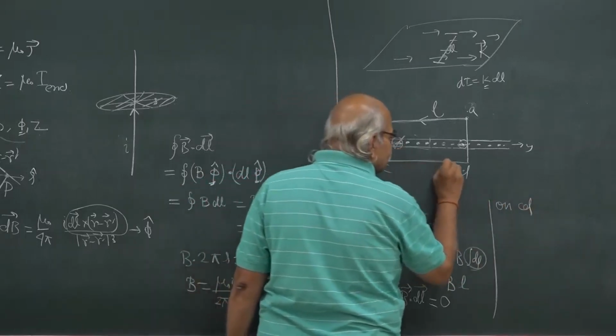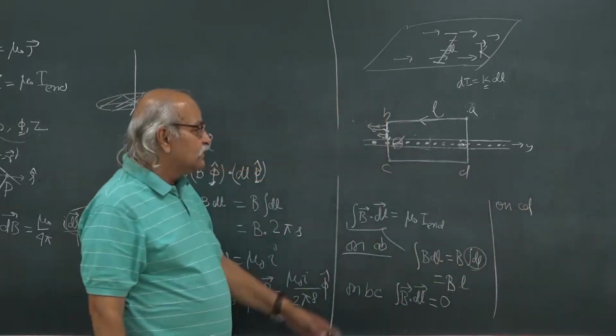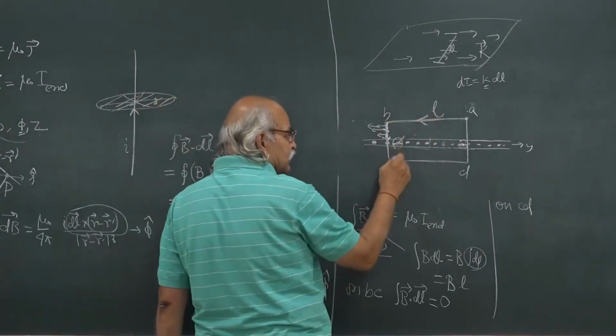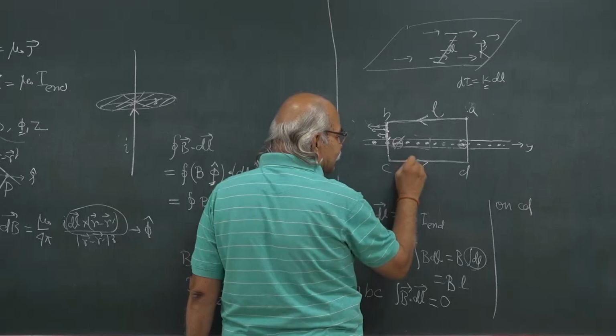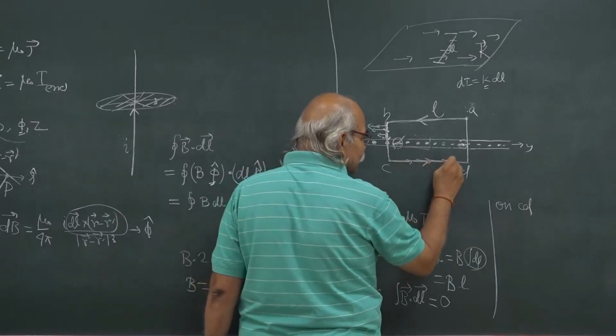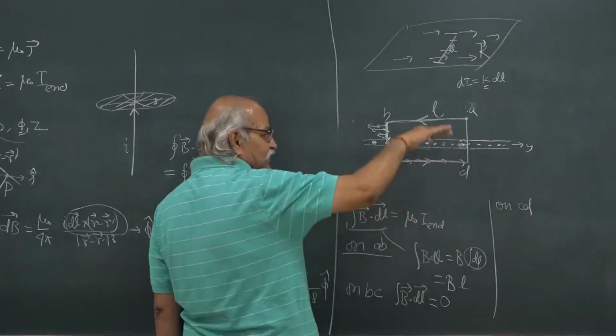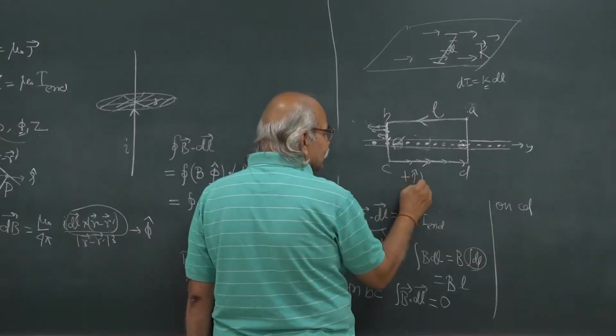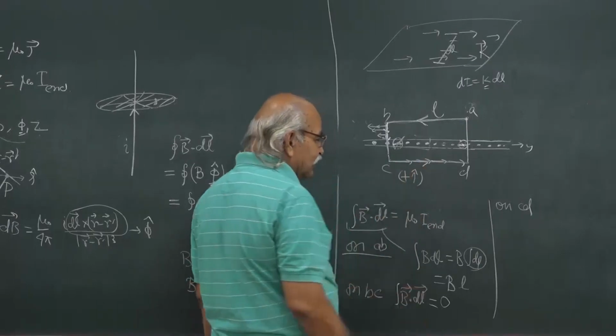So, if I look at this CD, then we have dl, see, this is the arrow. So, dl is going this way, and below this xy plane the magnetic field is also in plus j cap direction, dl is also in plus j cap direction.